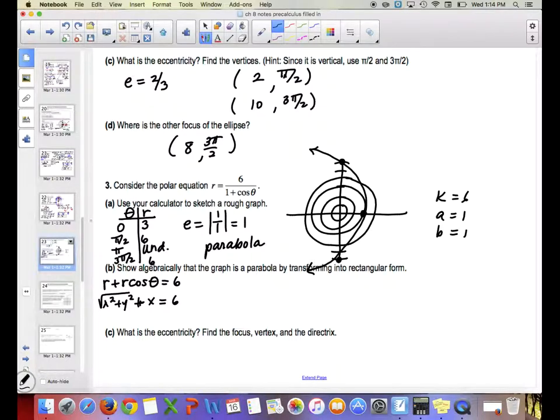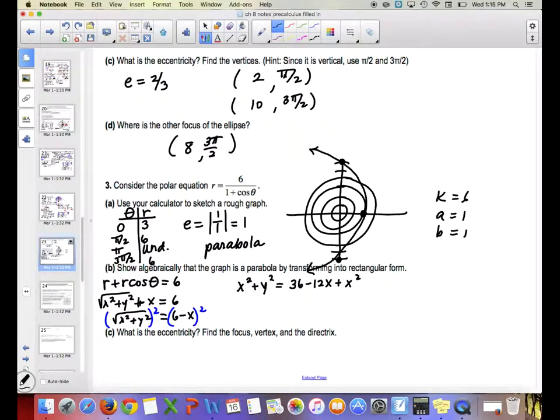We subtract the x over, so we have 6 minus x equals the square root of x squared plus y squared. And we square both sides. So we get x squared plus y squared, and we FOIL it out: 6 minus x times 6 minus x is 36 minus 12x plus x squared.